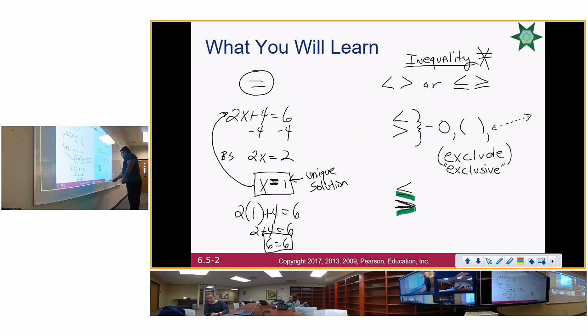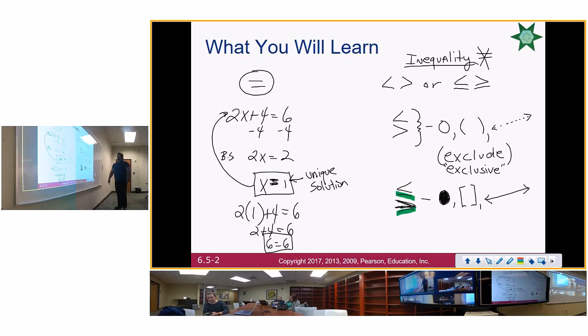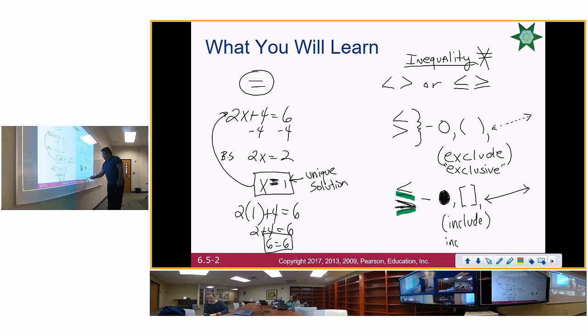Whenever you're dealing with these two, you're going to use a closed circle, or brackets, or a solid line. And the opposite of exclude is include, which means you're going to see the word inclusive.